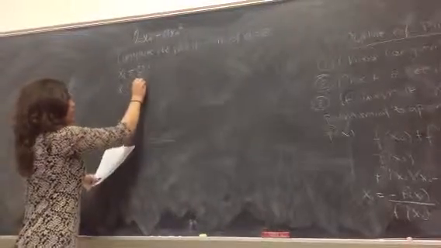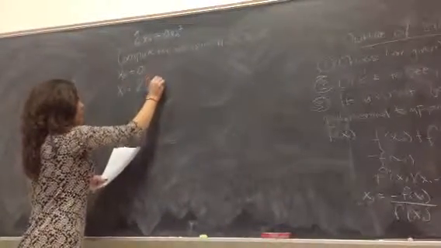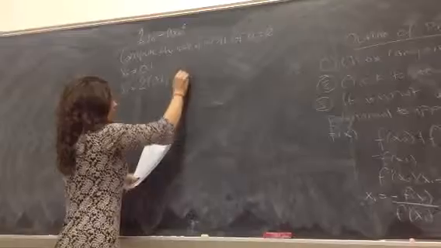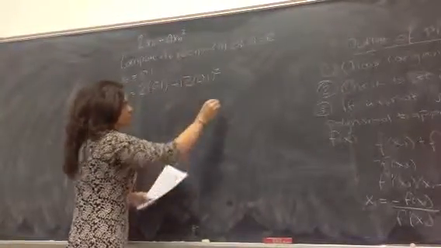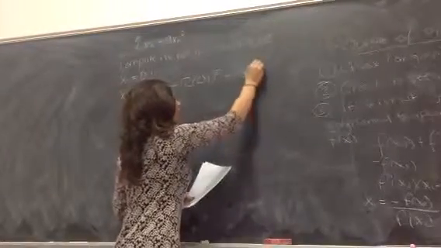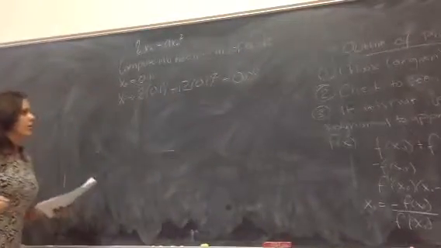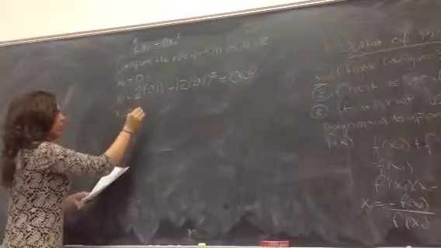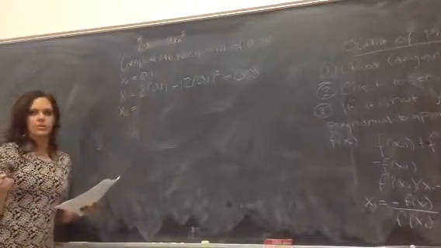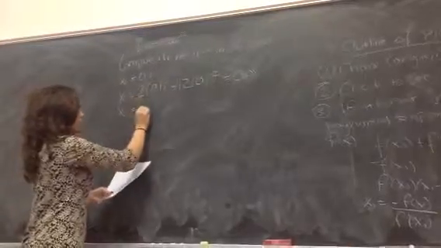So we say 2 times 0.1 minus 12 times 0.1 squared, and we get 0.08. Then we can check that to see if that's close enough, but it's not, so we'll move on.